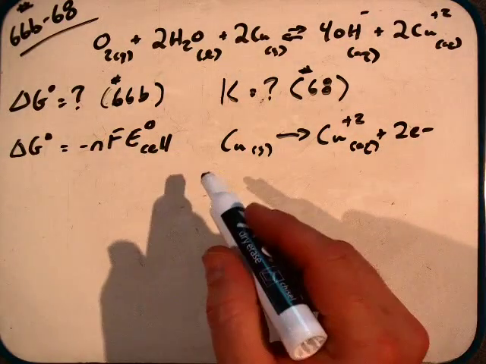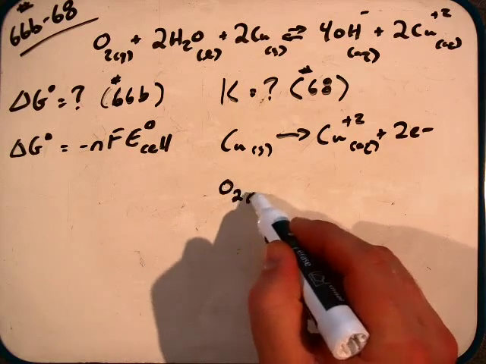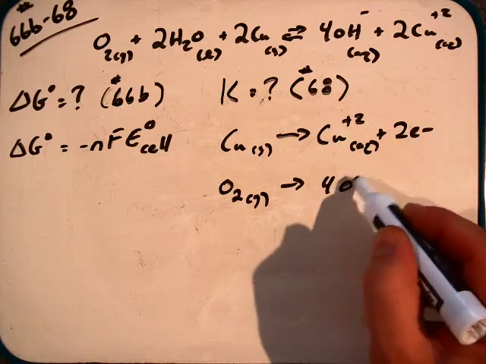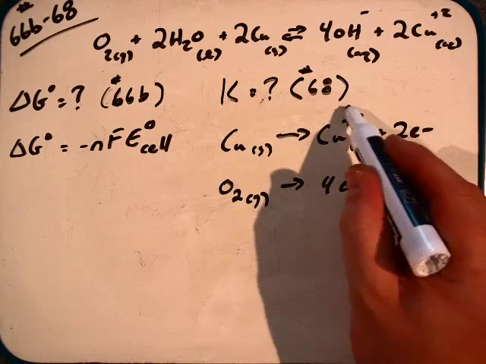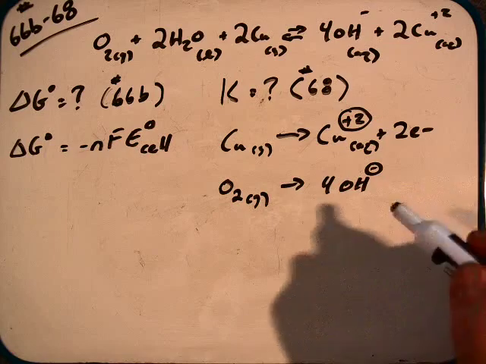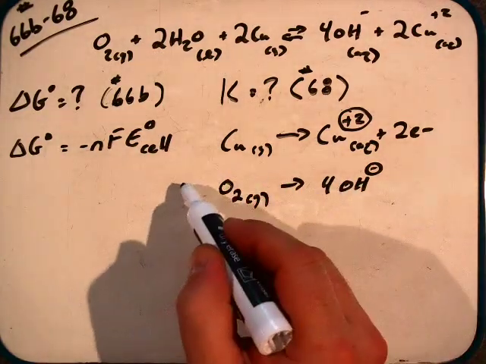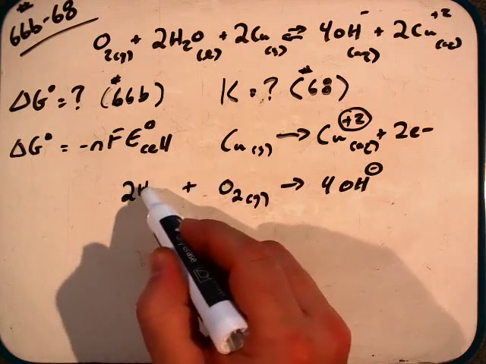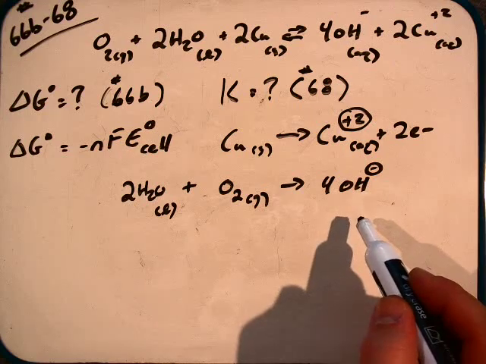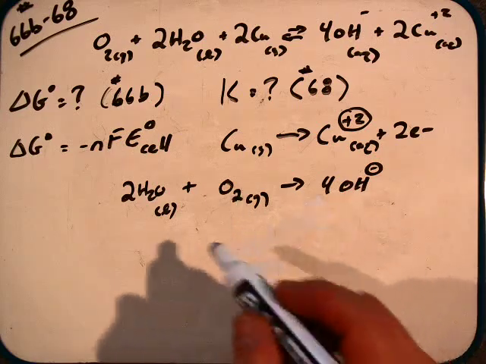And then the other process would really be your oxygen that's reacting to give you then 4 hydroxides. If we start to balance that process, that's where our 2 H2Os come from to balance out the oxygens we have on the right. And so now we're balanced with regard to atoms. What about electrons?